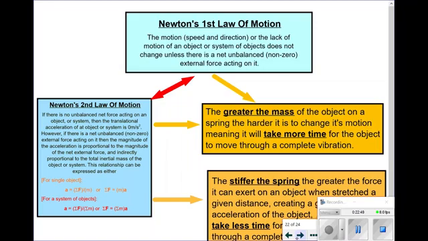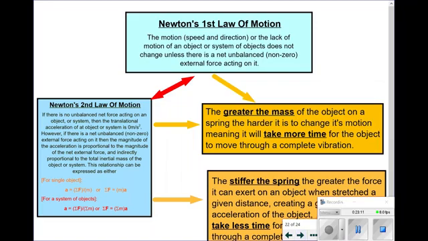So when my object is at rest and that force tries to get it to move, it is going to resist and it's going to be very hard to speed it up. Likewise, once you get past equilibrium and start to move away, the force is going to try and slow the object down. But with all that mass in motion, it's going to take a lot of time to stop it just to get it moving again.